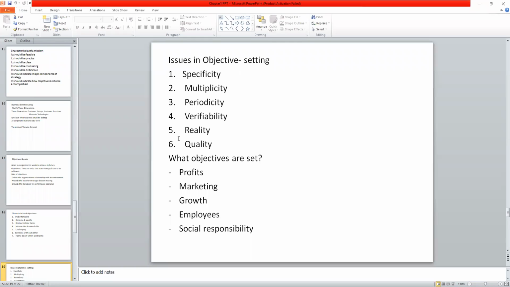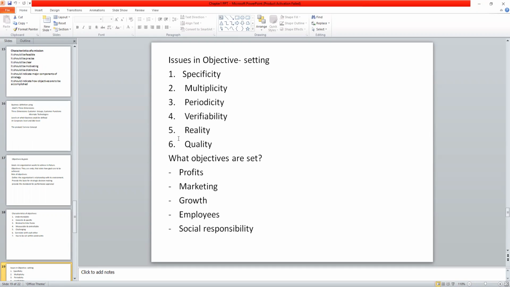In such criteria, these profits are reflected in the objectives. Similarly, if we take marketing, then the reflection should be in terms of increase in the sales volume, market development for the existing products, new product development, reduction in marketing cost, or improving customer service. Such statements should be mentioned in the objectives.